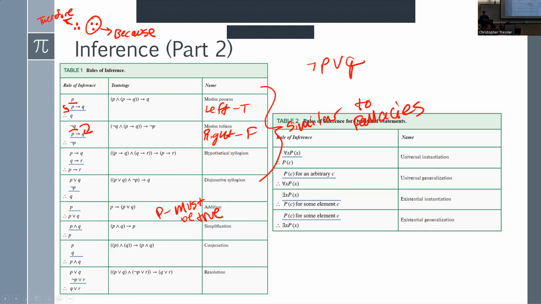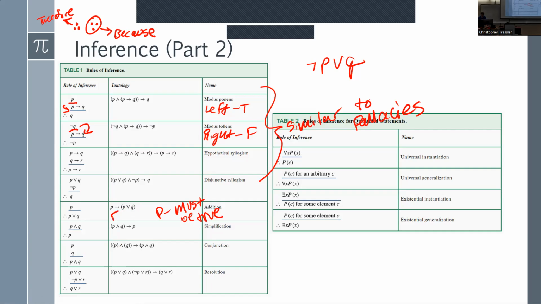Implication. Remember that is basically saying, if P is false, yes, that would still be true, but not by this law, though. This is saying P implies P or Q, because think about it.